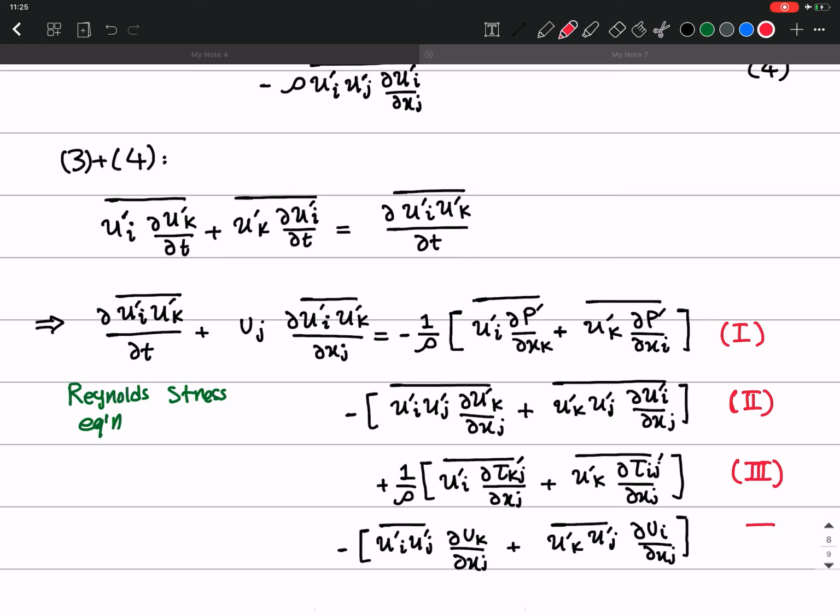And then we have the fourth term, which we will learn is actually the production term. Okay, so in the next session, I'm going to further clarify these and find another form of these so that we better understand what each of these terms does in the Reynolds stress equation, and then we are going to write another form of the Reynolds stress equation.